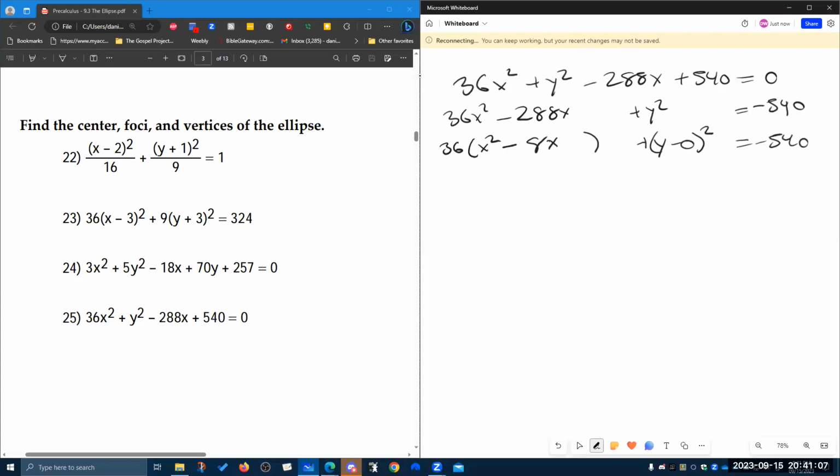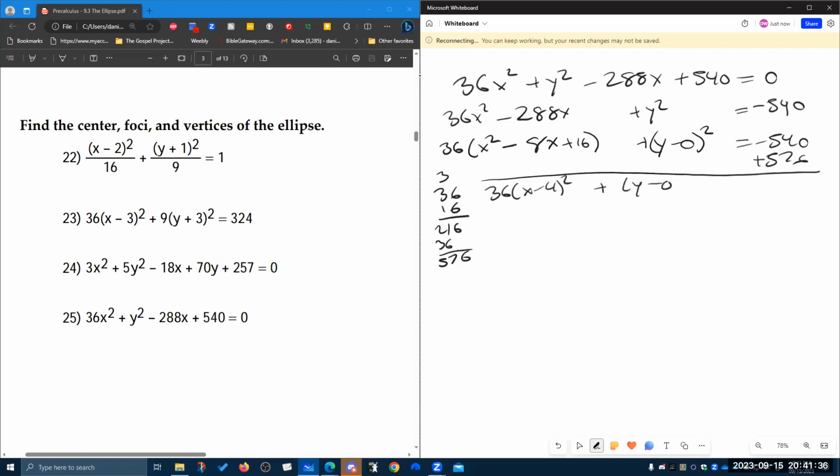Half of negative 8 is negative 4. Negative 4 squared is 16. 16 times 36 is going to be 576. So 36 times (x minus 4) squared plus (y minus 0) squared is equal to 36.